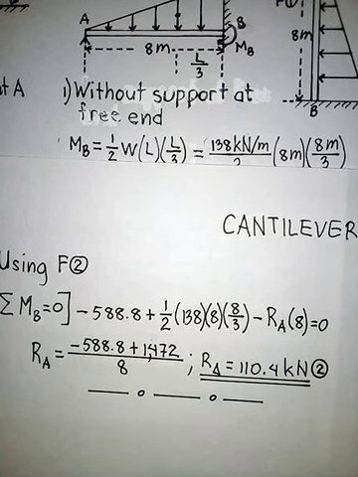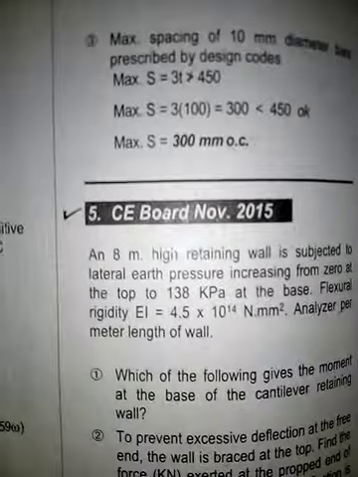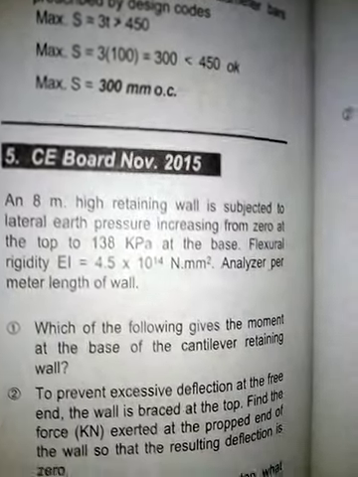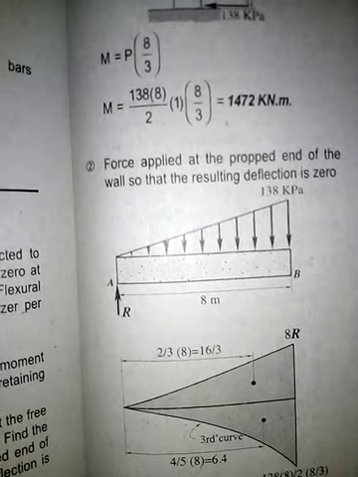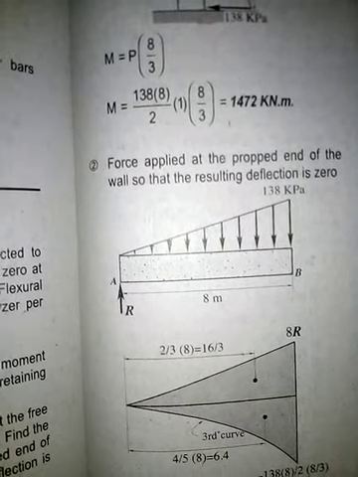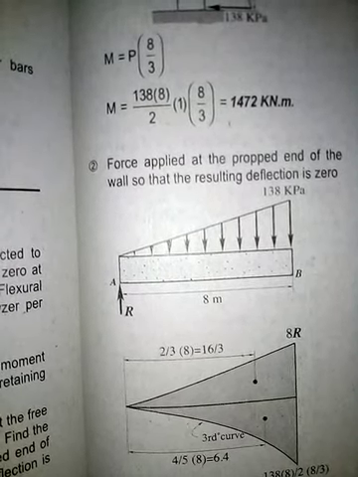So again, we will just compare our answer to the answer in this reviewer book, where we get this problem. So this is the problem, and this is their solution. So we will just focus on the fixed end moment of the beam with support at pre-end.